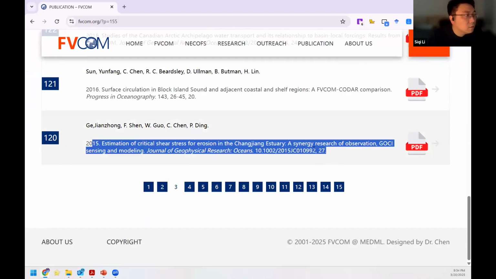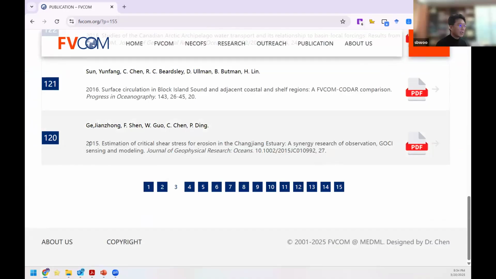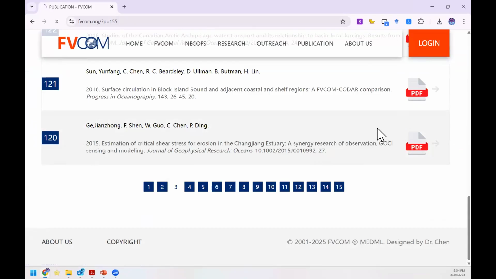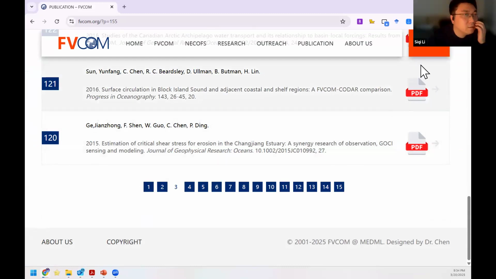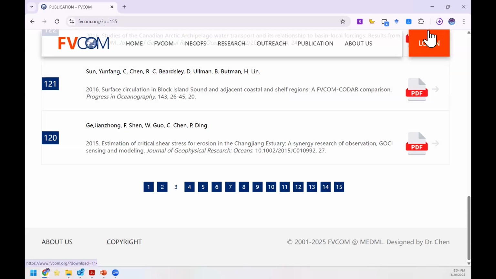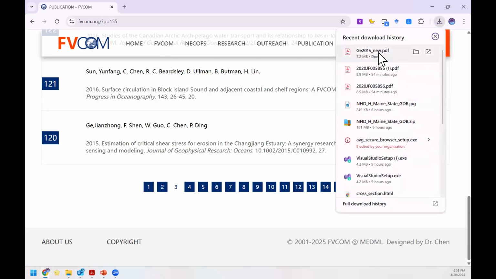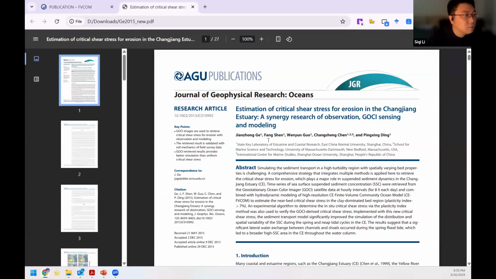No, number 120. Yeah, open this one, see? Wait a second, it's loading. That's the one, just the 2015 one. You cannot download? Yeah, that's it.